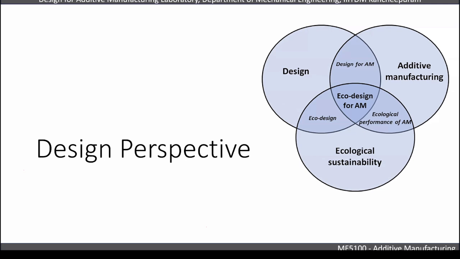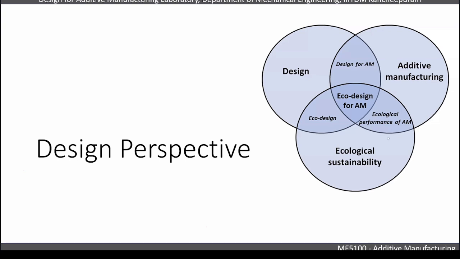Now let us try to understand from the design perspective how sustainability is driven. One of the things that additive manufacturing and ecological sustainability has come up with is something known as eco design for AM, because design for additive manufacturing enables a lot of opportunity to explore functional integration, part consolidation, hierarchical structures, multi materials, and so on.